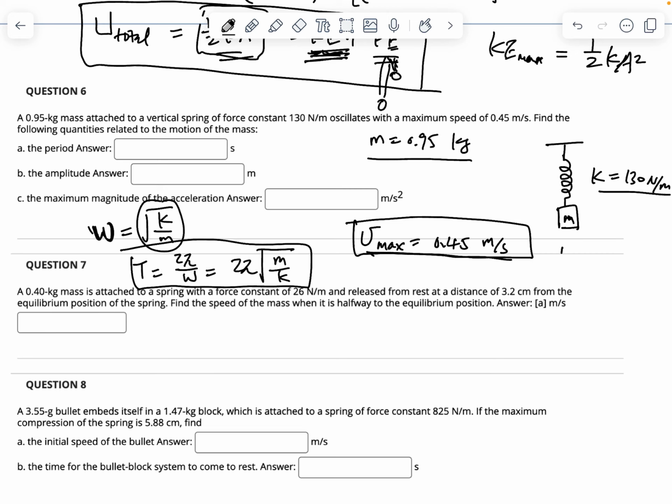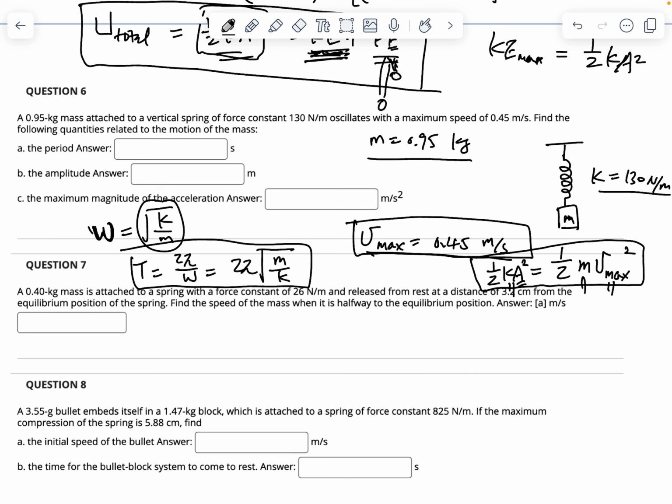When the object is at the equilibrium location, you have maximum kinetic energy, and when the object is at the extreme location, you have maximum potential energy. We have mass, we have k, we have the maximum velocity, then you can figure out A.